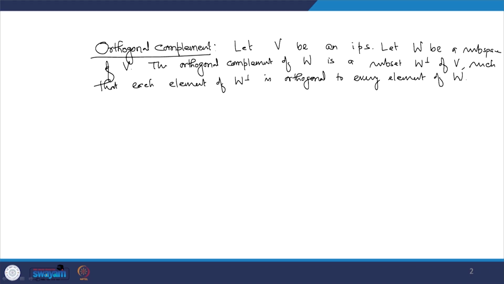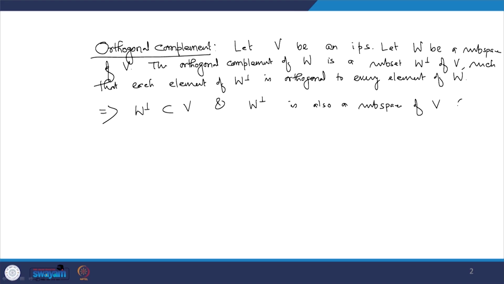So, this implies W complement, which is a subset of V, is also a subspace of V. So, W complement is a subspace of V, this has to be proved also.